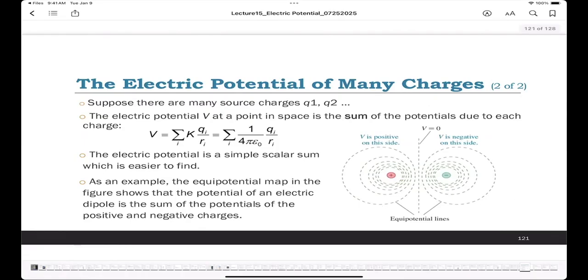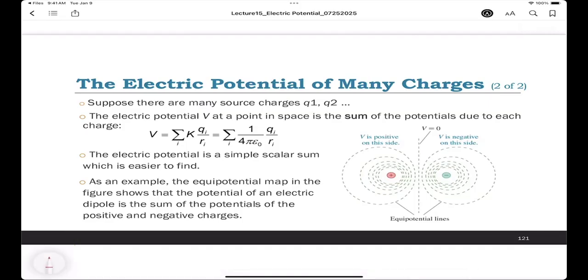The electric potential is a simple scalar sum, which is easier to find. As an example, the potential map in the figure shows the potential of an electric dipole, which is the sum of the potentials of the positive and negative charges.